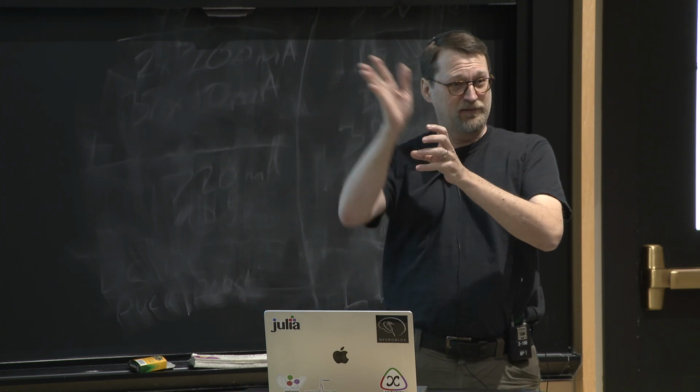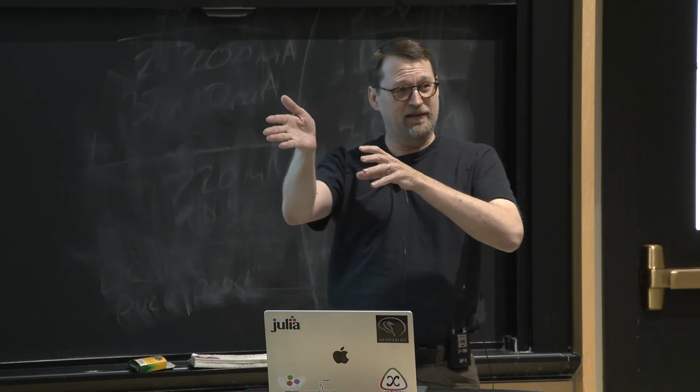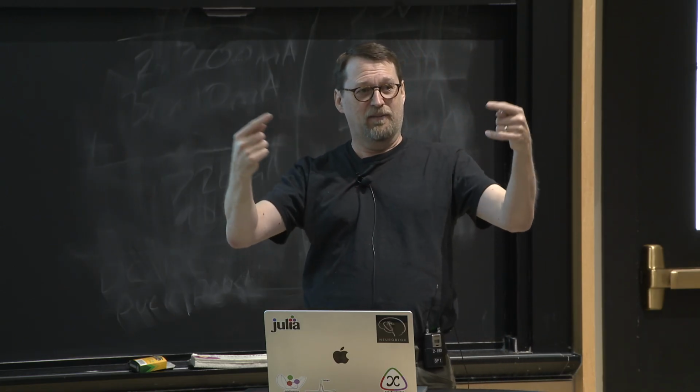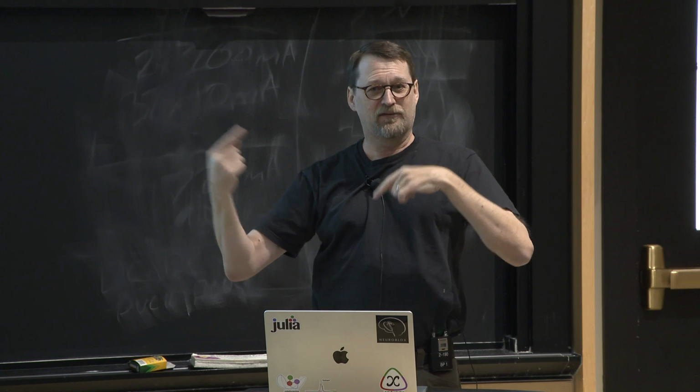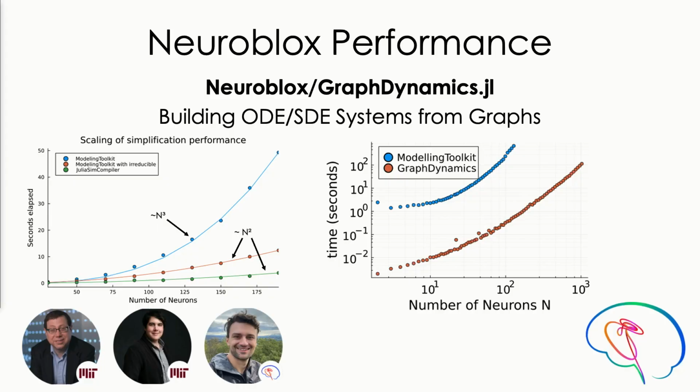Because you have nodes, you have edges, and the edges define the connections. And creating equations out of graphs is much more effective. And so we created a library, GraphDynamics, that compiles graph systems much more efficiently. And you can see ModelingToolkit is the blue data, and GraphDynamics is red. And so we are, again, orders of magnitude faster than ModelingToolkit.